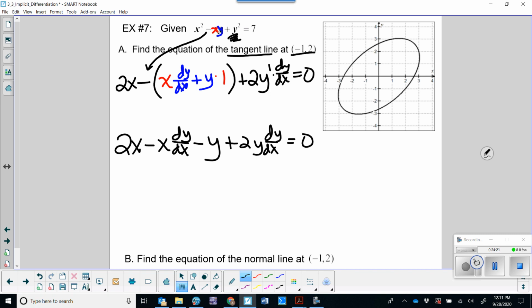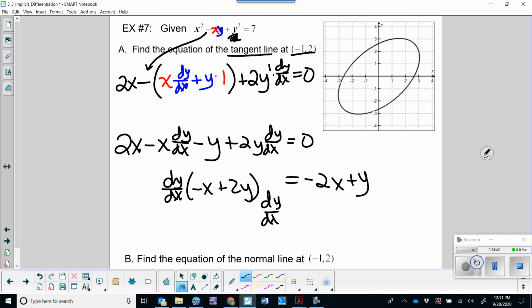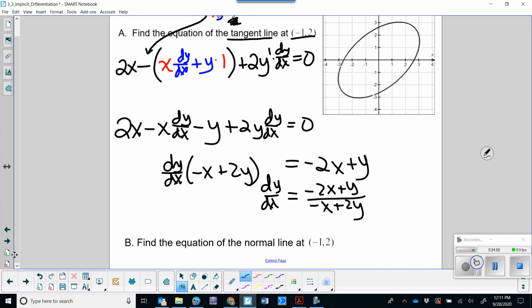So now I want the dy dx's on one side, and again you can go ahead and factor out the two things that go with dy dx by itself, and then on the right you're going to have to subtract 2x and add y to get them moved to the other side. So now dy dx equals negative 2x plus y over minus x plus 2y, because I'm going to divide right there.